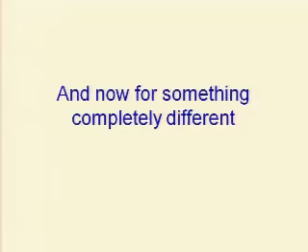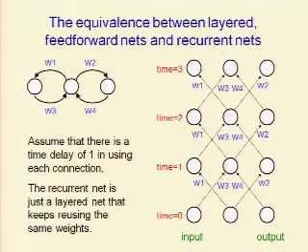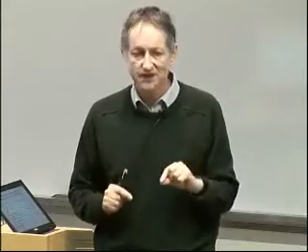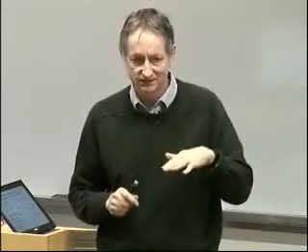And now I want to get to something completely different. The other thing that was disappointing back in the 80s about backpropagation was there was a particular version of backpropagation that was clearly the exciting version, and it wasn't this multi-layer stuff.